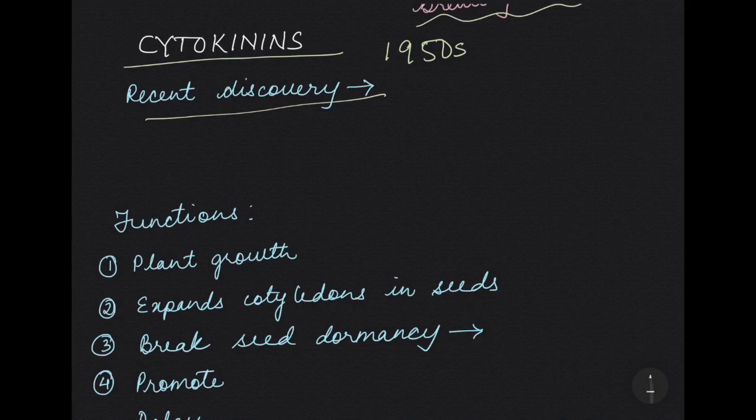Cytokinins are widely distributed in plants. They are produced in the root tips, that means in the tip of the roots, and are transported by xylem cells, that is, with the water. And comparatively large amounts of cytokinins are found in germinating seeds, developing fruits, embryo, and so on.